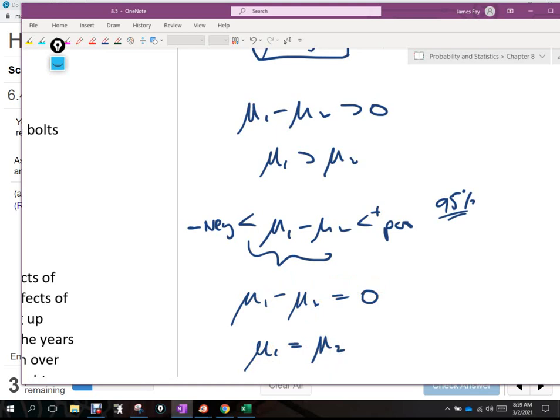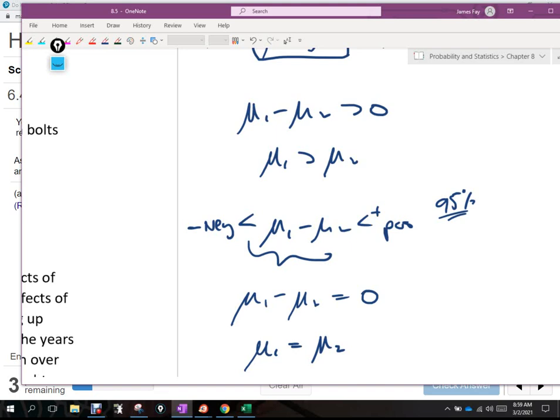So I'm saying if my interval includes 0, statistically speaking, there is a chance that there is no difference between the two populations. Does that make sense to everybody? Because mu1 minus mu2 could be 0.